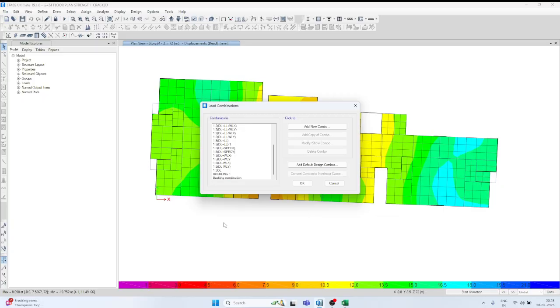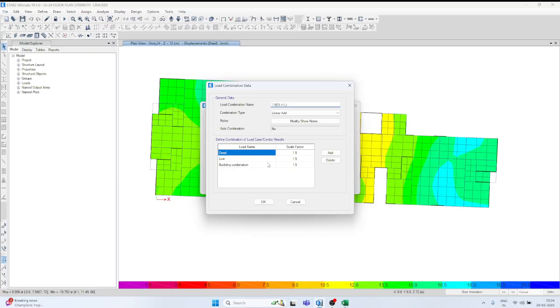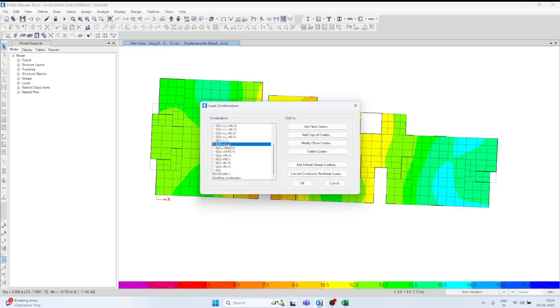Here is 1.5 times dead load plus live load, so here you have to apply 1.5 times buckling. Already I have provided it, so it's showing like this. Just click here and go to Modify.